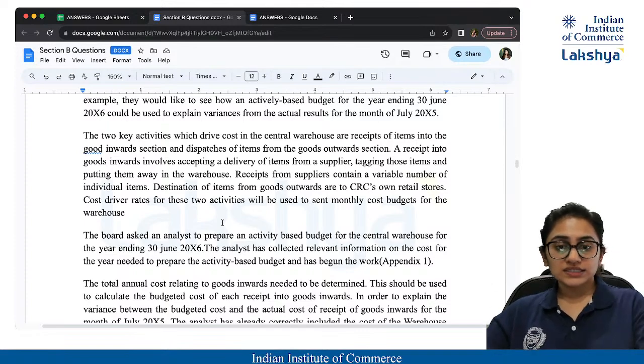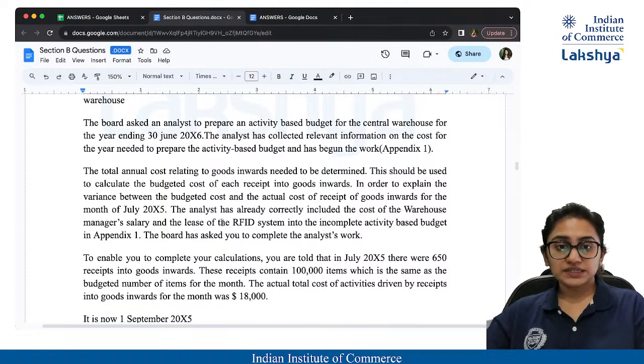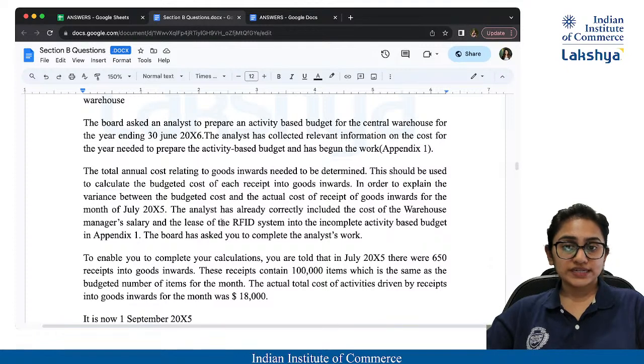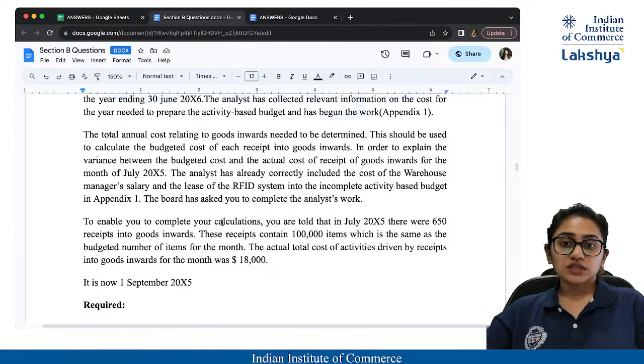The board asked an analyst to prepare an activity based budget for the central warehouse for the year ending 30th June 20X6. The analyst has collected relevant information on the cost for the year needed to prepare the activity based budget and has begun the work that is there in Appendix 1. The total annual cost relating to goods inward needed to be determined.